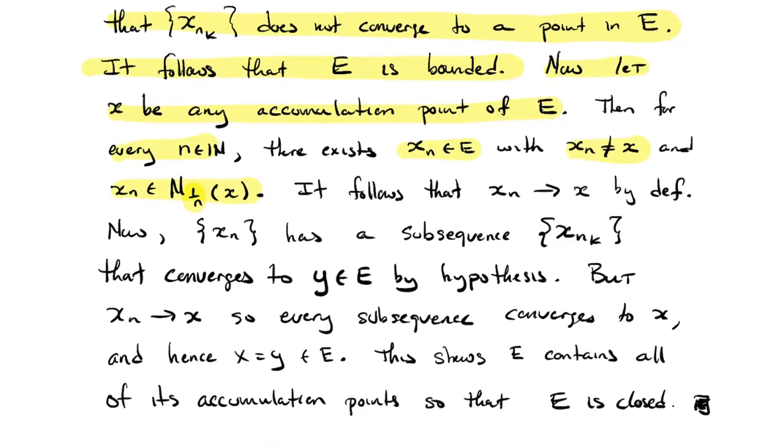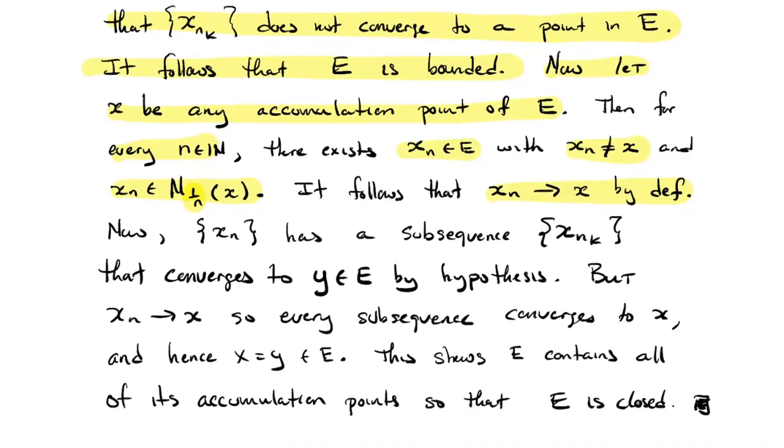So you can check the details, but that sequence defined by these X sub n's converges to X. Why? Because given an epsilon, I can always choose n so that 1 over n is less than epsilon, and it will stay that way. So check it, but the sequence constructed converges to X.